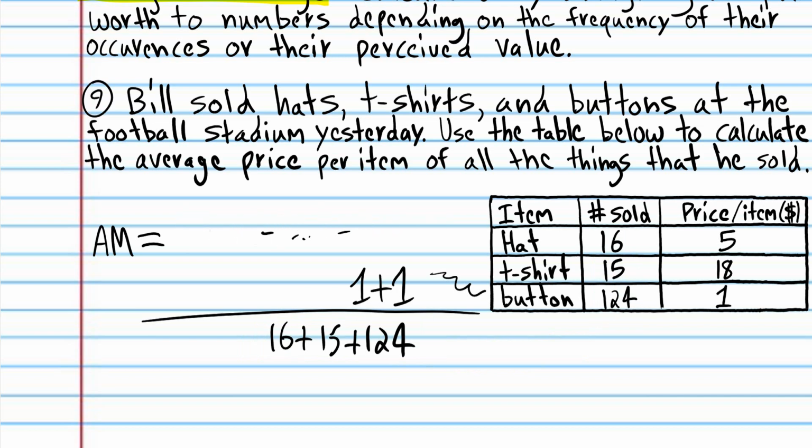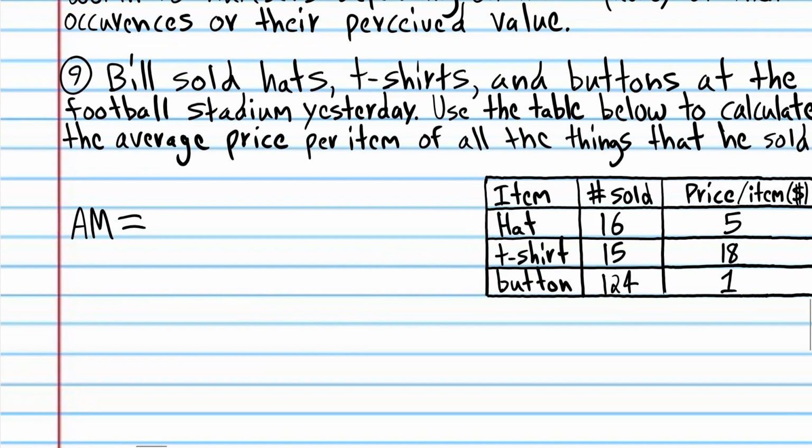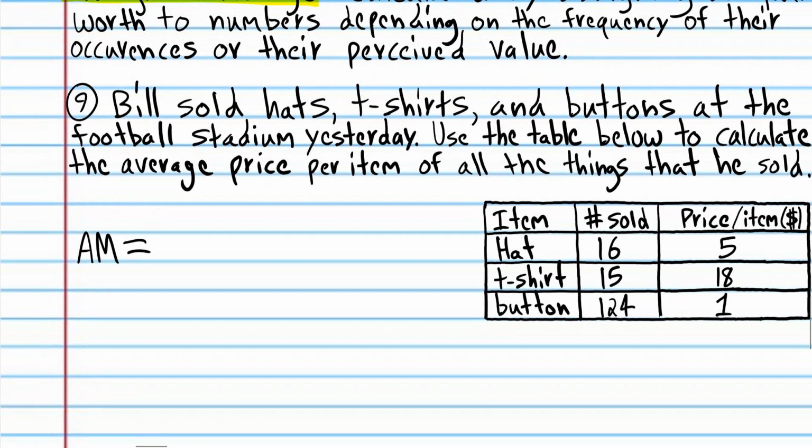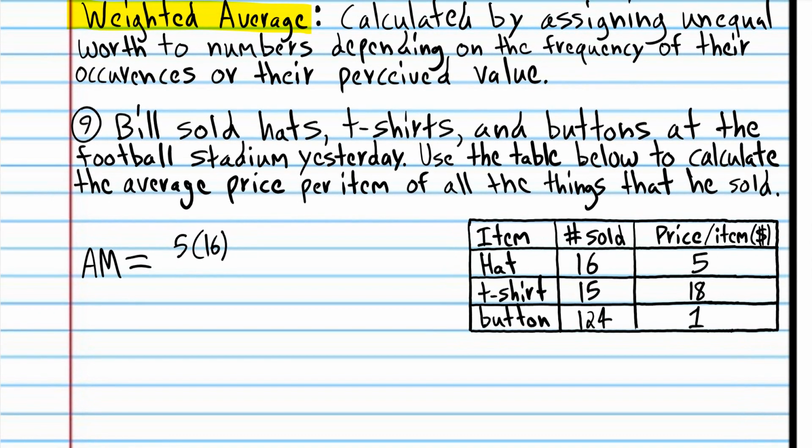That's all it is. But because the numbers are organized differently, we call this the weighted mean, or excuse me, the weighted average. Because we don't have enough room to show the sum in an expanded form, we're going to just multiply 5 times 16 and 18 times 15 and 1 times 124.